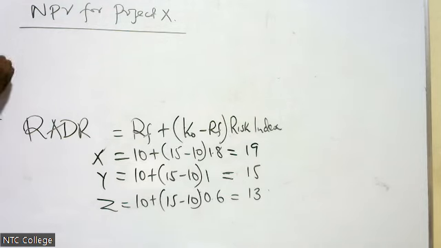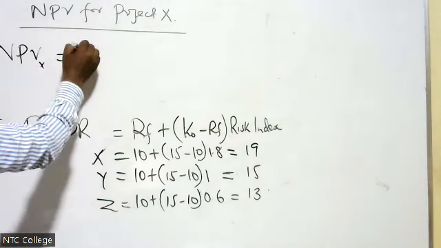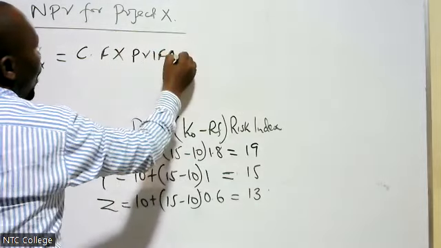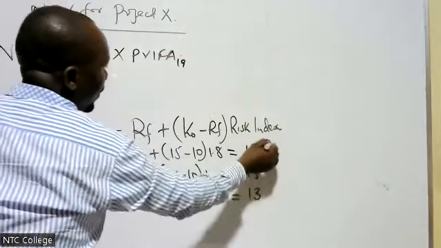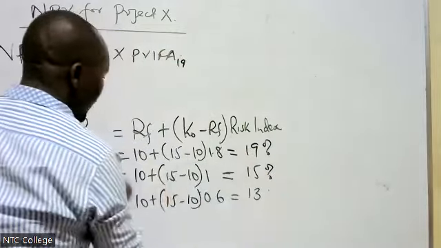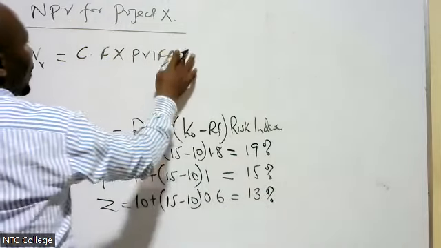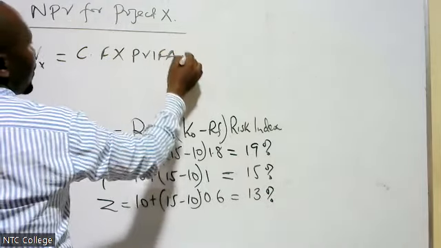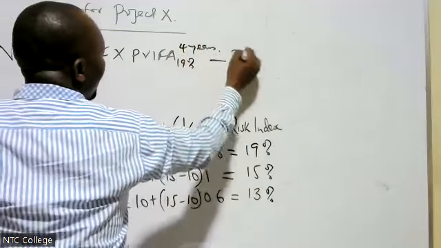And we know that NPV for X is equal to the cash flow times the regular PV factor, and there are how many years? The rate is now different. It's now 19%. For X, using the same cash flows, the rates have changed. So it is 19%, for 4 years, minus IO.